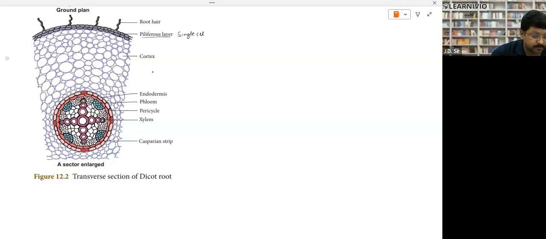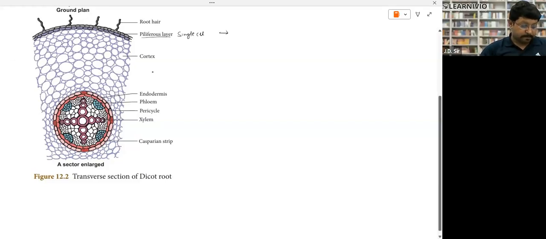Casparian strip is present in the endodermis, right? So let me write it down.